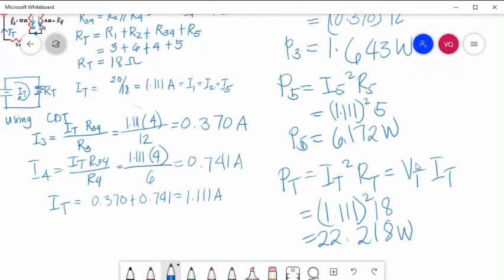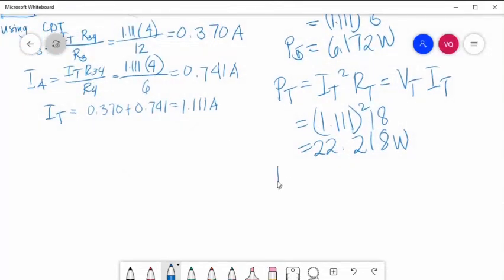So, i-try nga natin VT times IT. So, VT times IT is equal to 20 multiplied by 1.111.